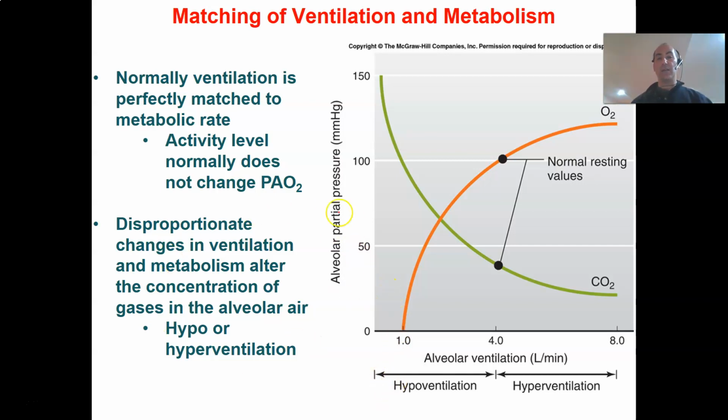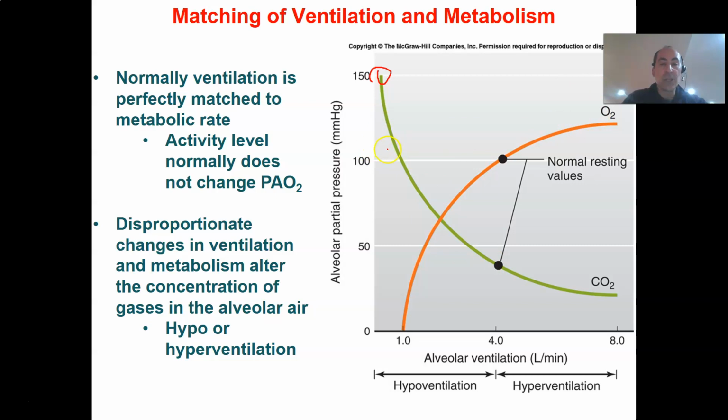And what you see here is that depending on where you are, close to sea level, we start at about 150, 160 for total pressure, and usually of oxygen. This happens to be CO2.